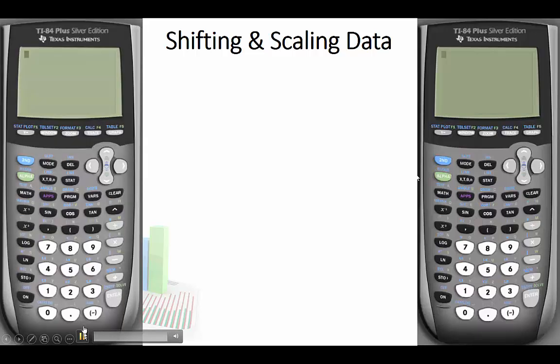Now let's use the box plots to see the effects of shifting and scaling. So first of all, I'm going to go ahead and plot the 3 that basically just have list 1, list 2 here. I'm going to change that to list 2 for the second one. And then I'm going to turn on plot 3 and change that to list 3.